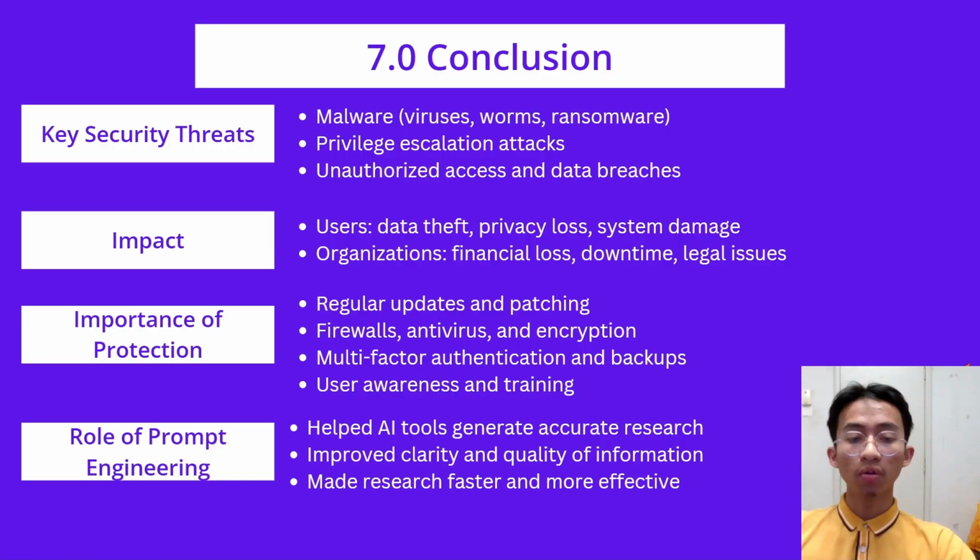Lastly, we have the role of prompt engineering, which helps AI tools generate accurate research. It also improves the clarity and quality of information and makes research faster and more effective. So that's all for our group.